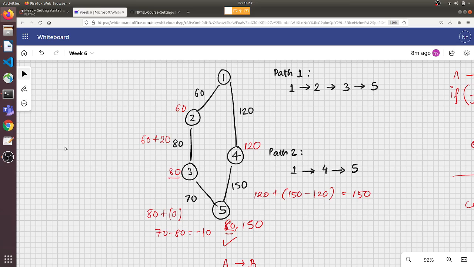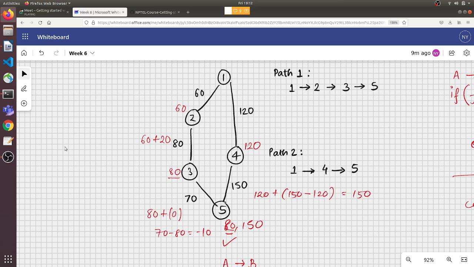I don't know if you can arbitrarily pick edges, but if there are say n square edges and you have to pick any n minus 1 edges, because one simple path will have n minus 1 edges, so you can pick like n square c1 times n square minus 1, so it's like n square times n square minus 1 times n square minus 2 dot dot n square minus n plus 1.